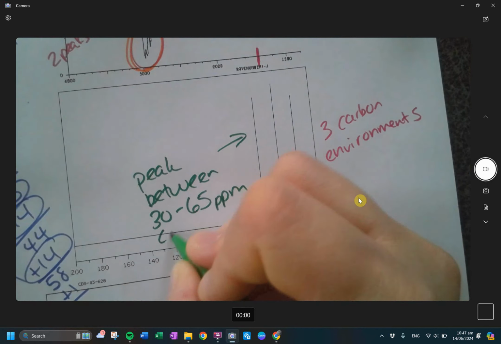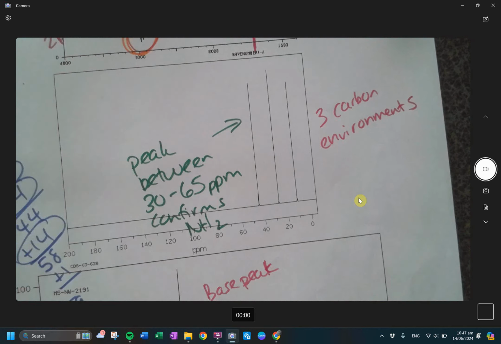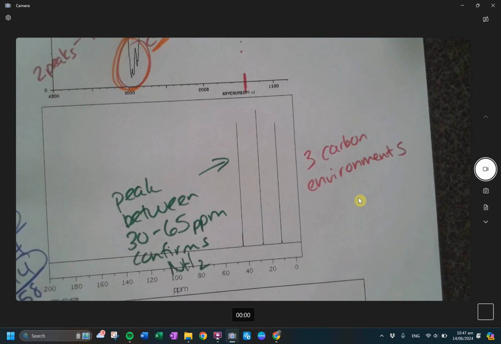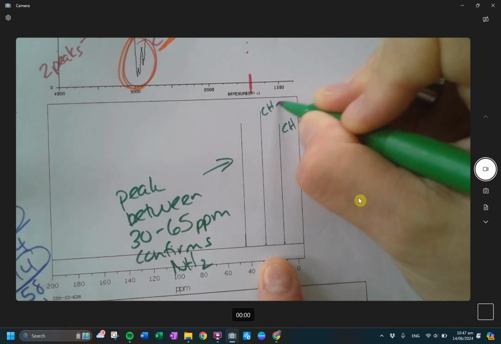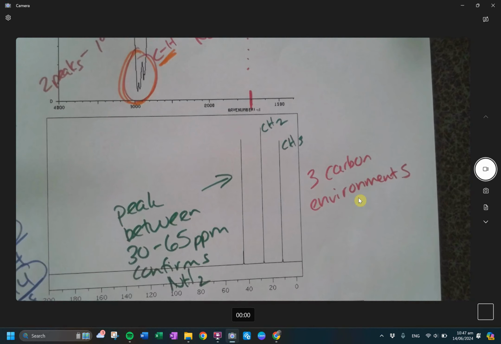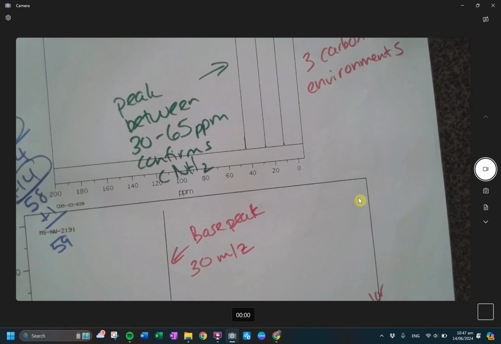That confirms a CH2. All right? And if I was thinking about this logically with the rest of the molecule that I found, this one here is probably CH3. This one here is probably CH2. All right? So that's the integration of that spectra.